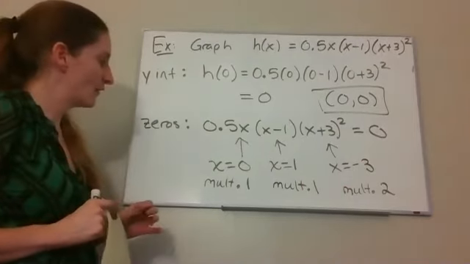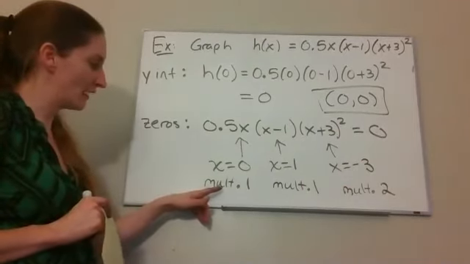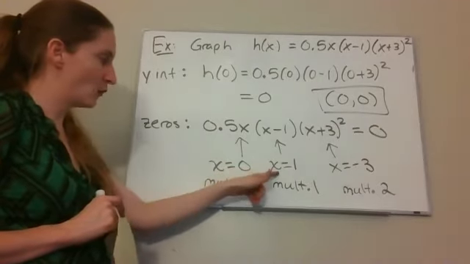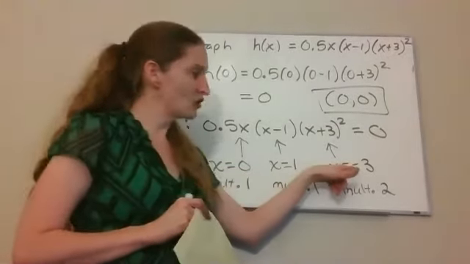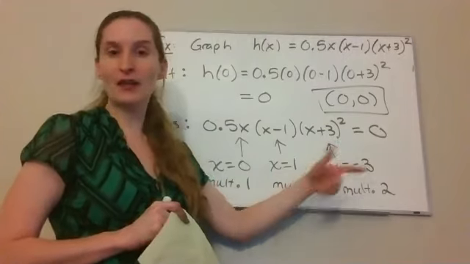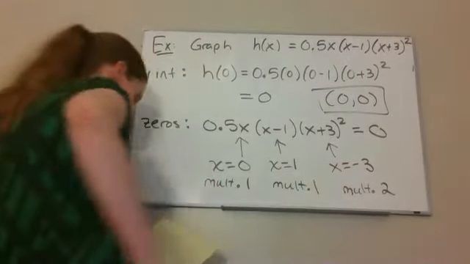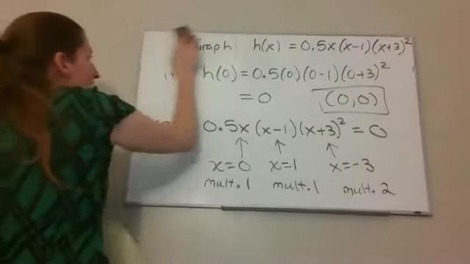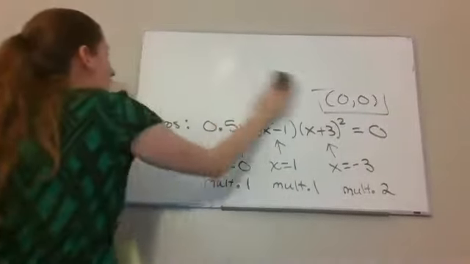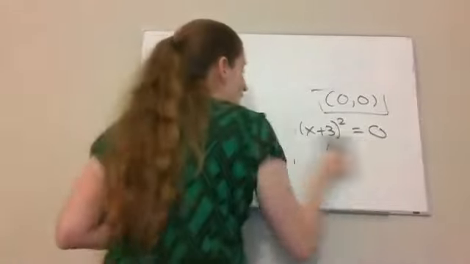So I know the graph of the function is going to cross my x-axis at 0 and 1, and it's going to touch my x-axis at -3, but then it's going to turn around and go the other direction. Let's put everything we know on a graph so far, and maybe we'll plug in a few extra points to get a better shape.